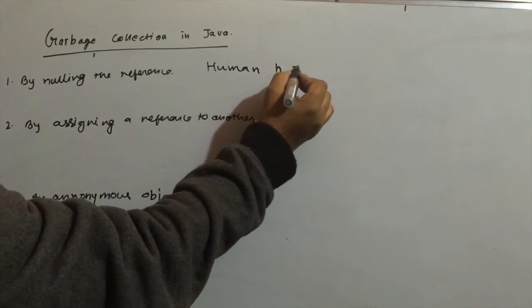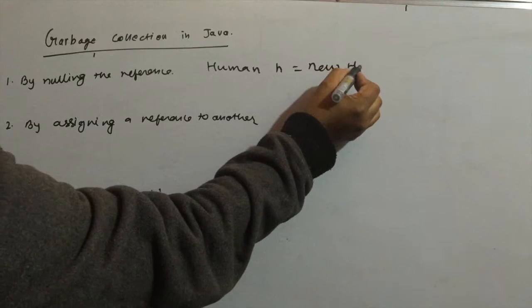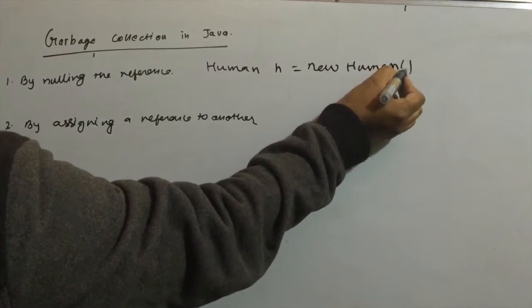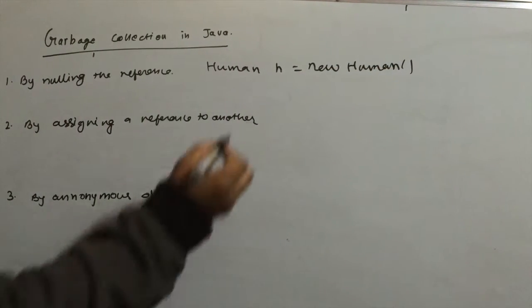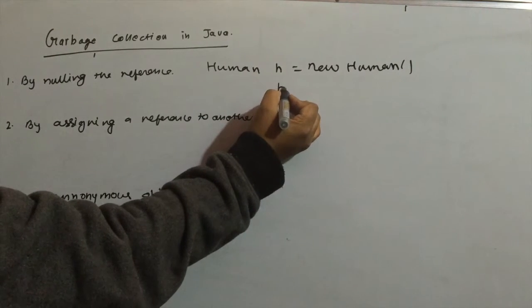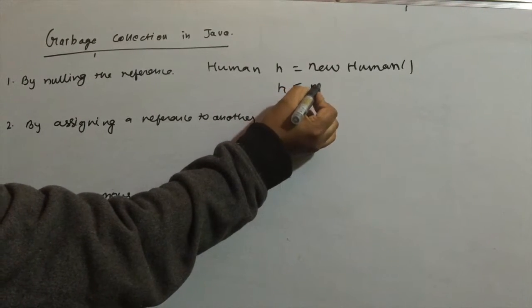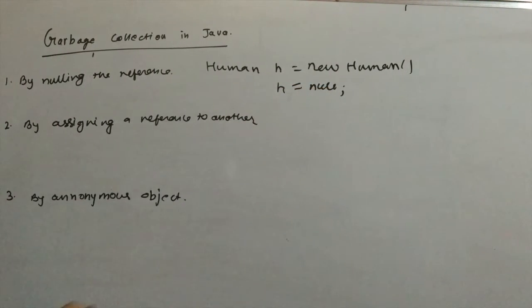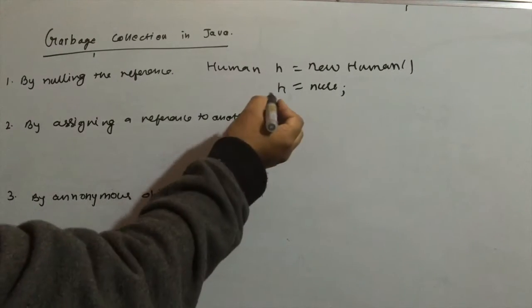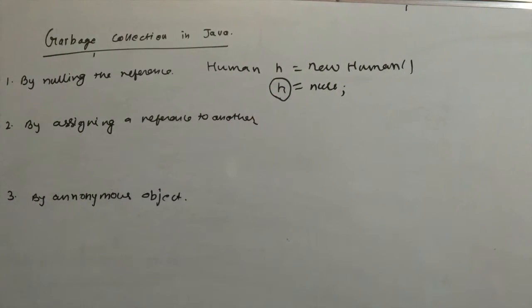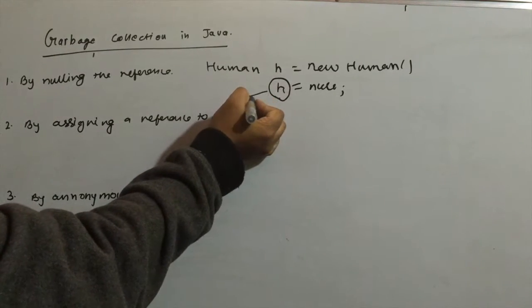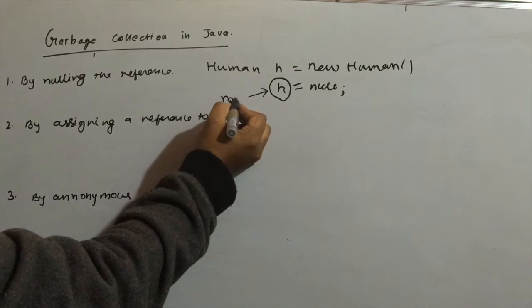As we create an object, new Human, if we assign the object human to null, then the garbage collector will identify that this object is unreferenced, and it is not in use anymore. So the garbage collector will remove it.